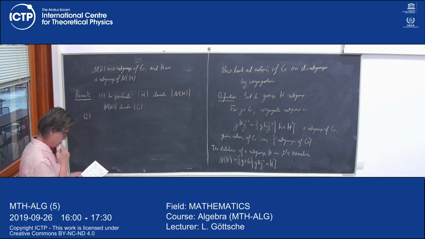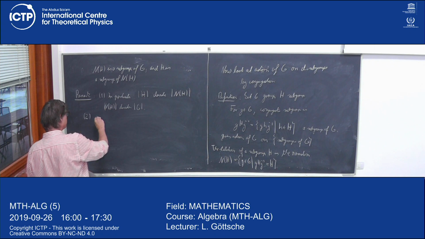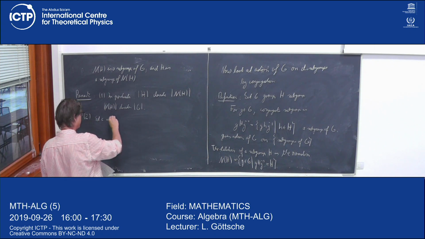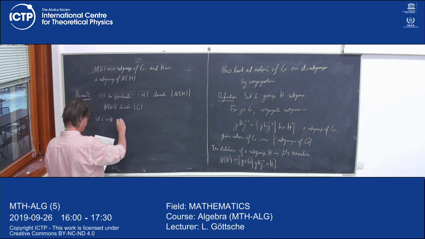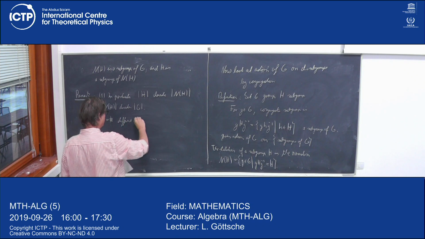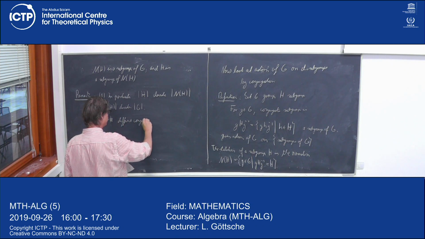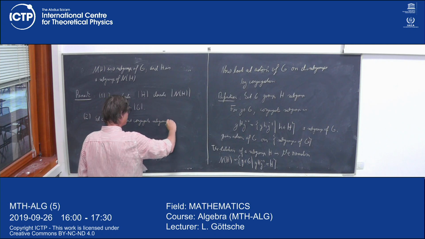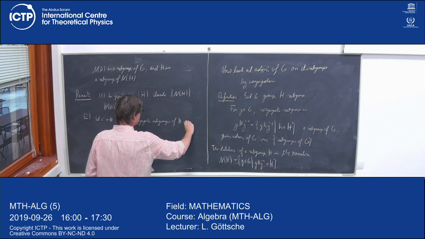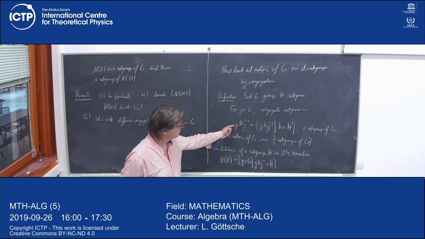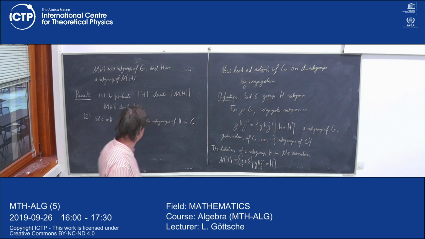And if we take c to be the number of different conjugate subgroups of H in G, so how many different subgroups can we get by conjugating H?